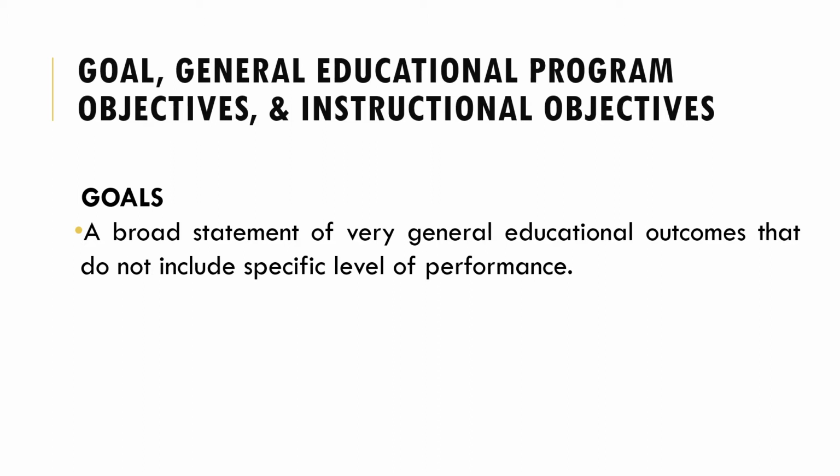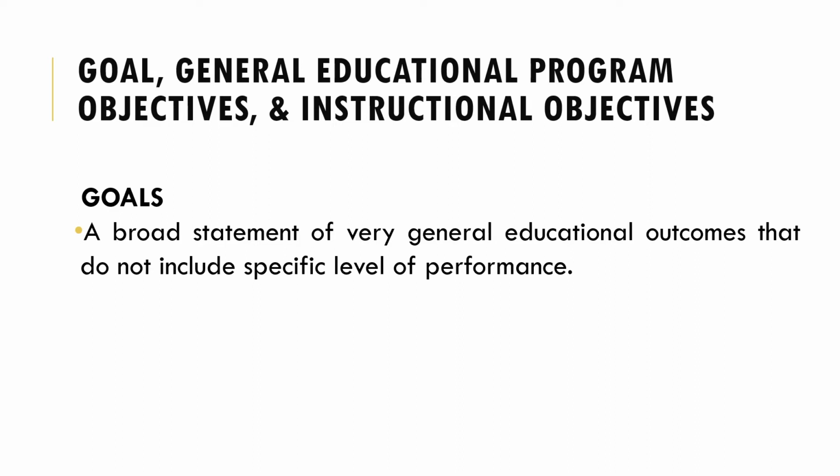Please take note, everybody, of your objectives, your aims, your goals. For example, in the context of MSU main campus, whatever the goals and objectives of the different colleges, they're actually anchored to the MSU vision, mission, and objectives of the university.